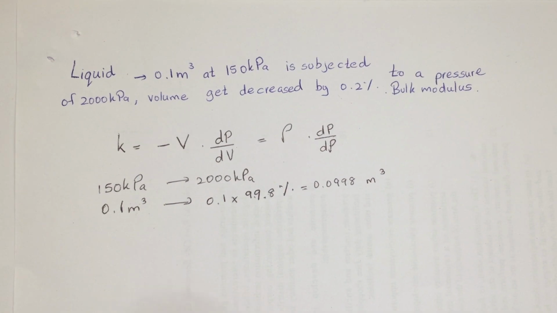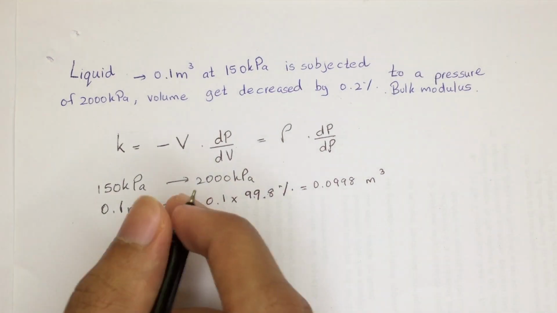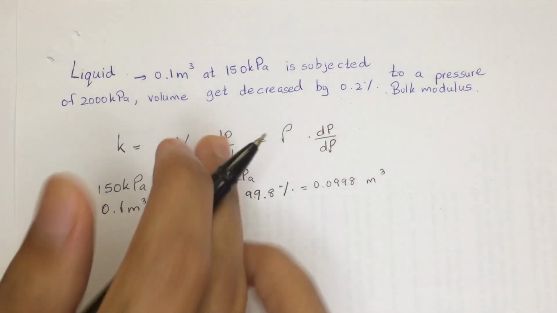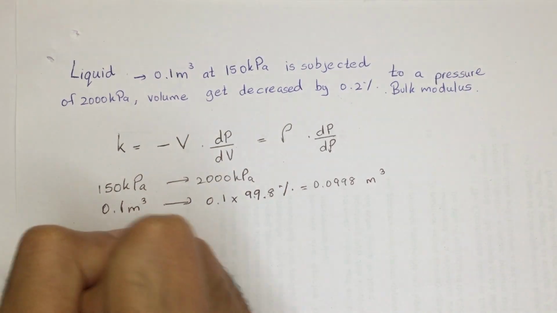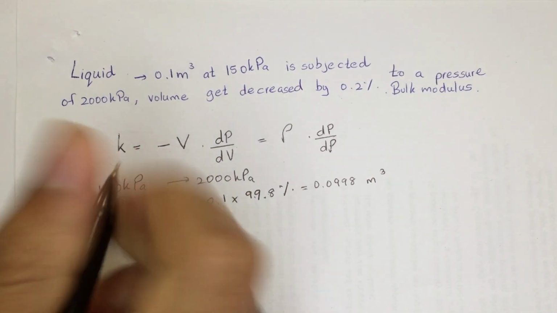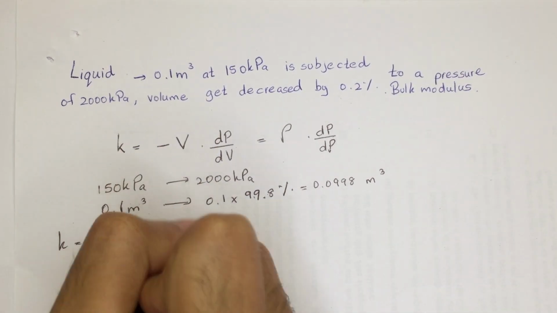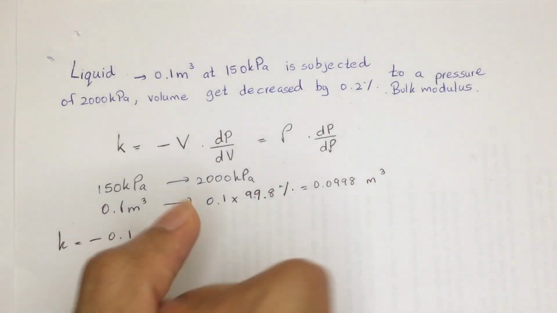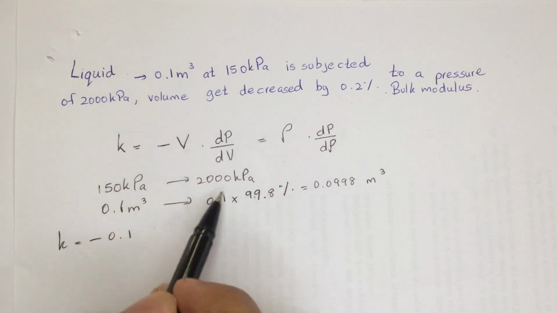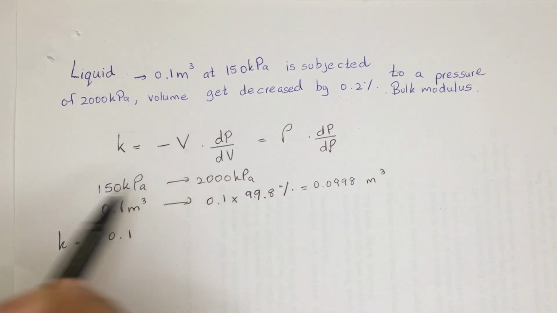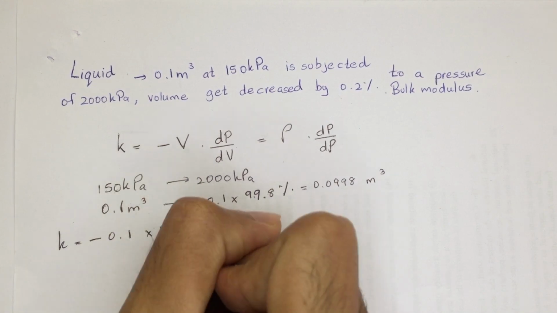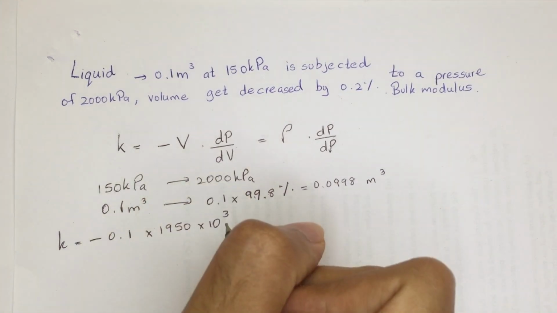So the next step is we are going to use the equation and figure it out. Let's substitute the values first. The initial volume is 0.1, so you need to divide by the initial volume, and the delta P is going to be 2000 minus 150, final minus initial, which is 1950 kilopascal, so you need to put the 10 cube over here.